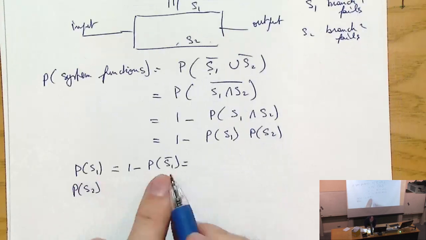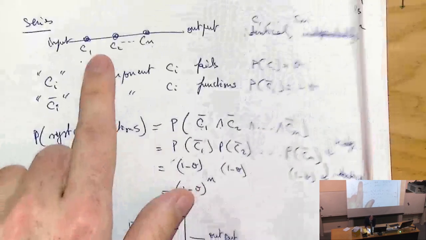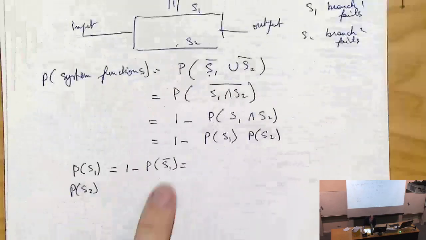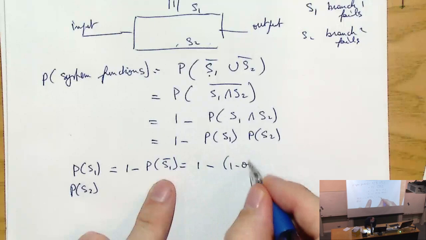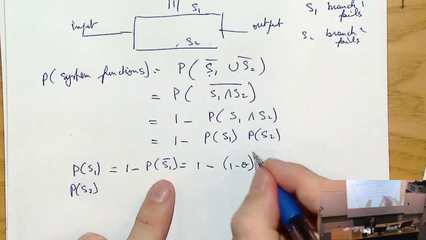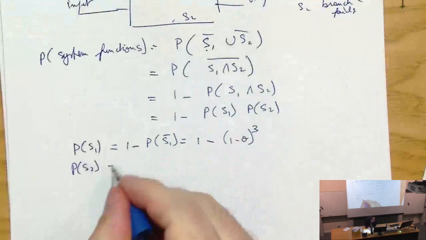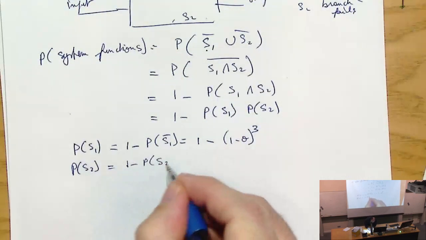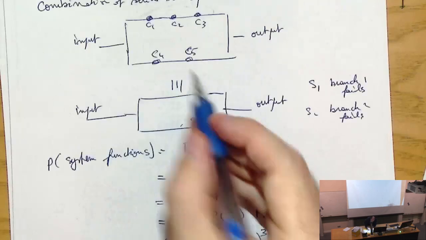And what is this quantity? It's what we have done here, right? It is the probability that the system functions when you have series elements. This is 1 minus this quantity, 1 minus theta, and you have 3 elements in this case for branch 1. So you have the cube. The probability of not S2 is 1 minus theta squared because you have 2 elements.